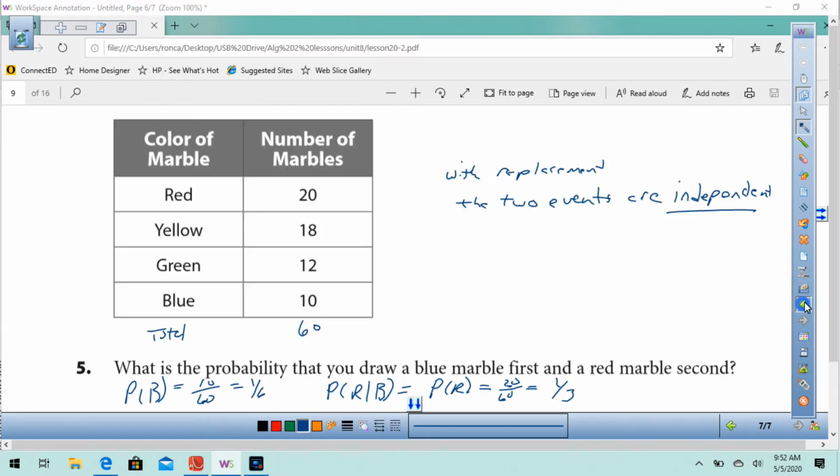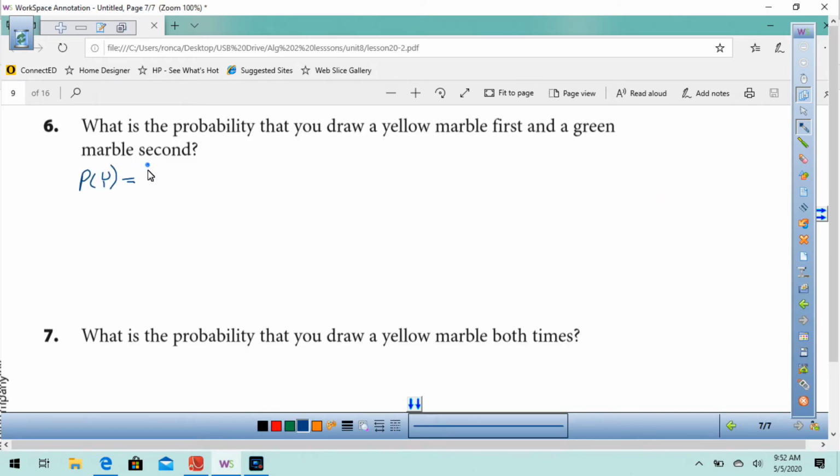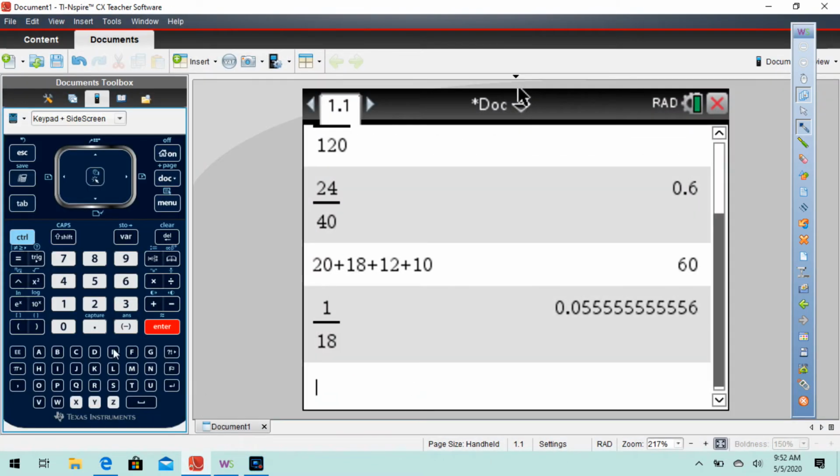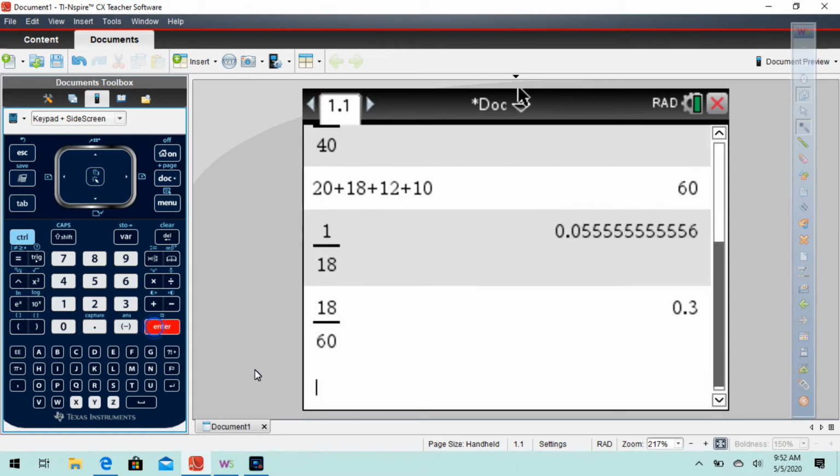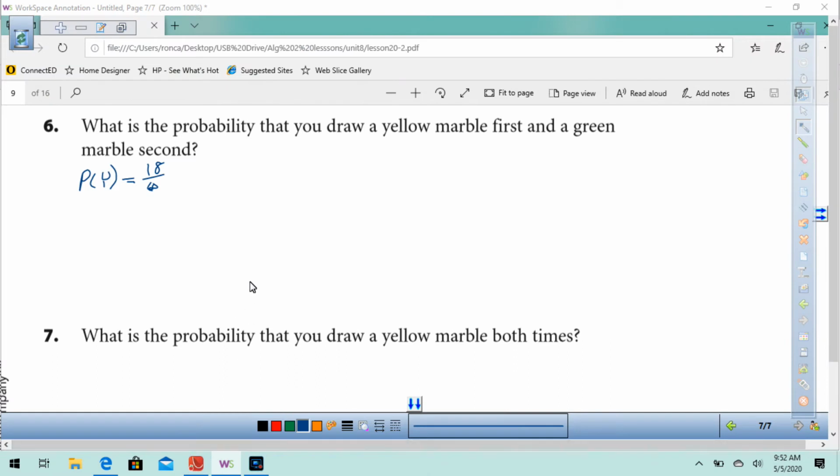Yellow is 18 over 60, which is 0.3. Then the probability of green given yellow.